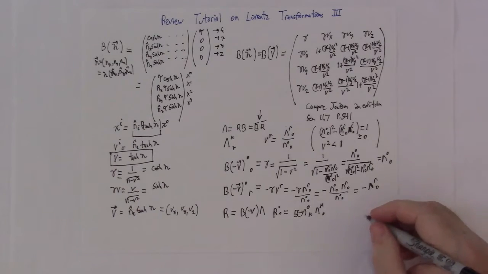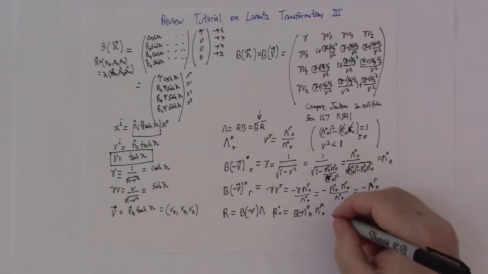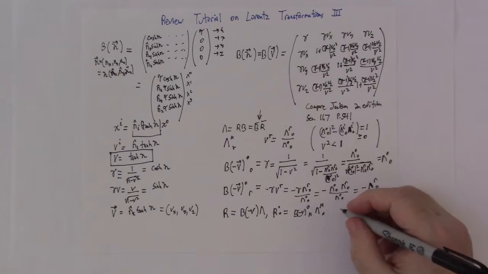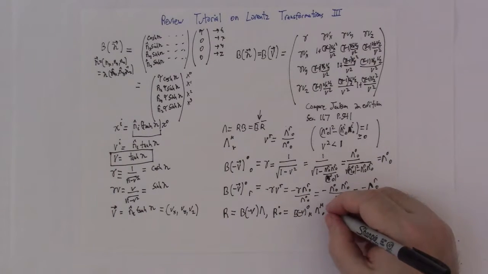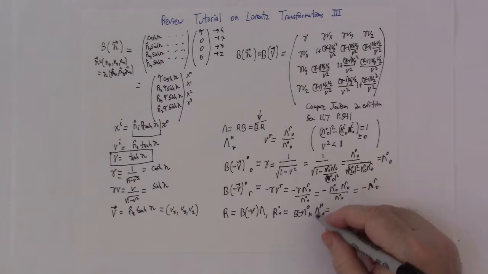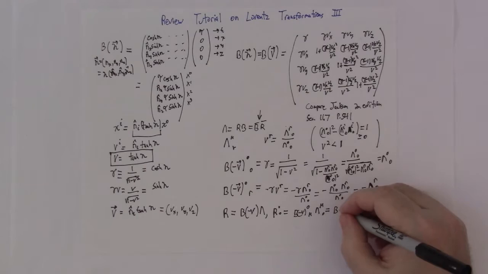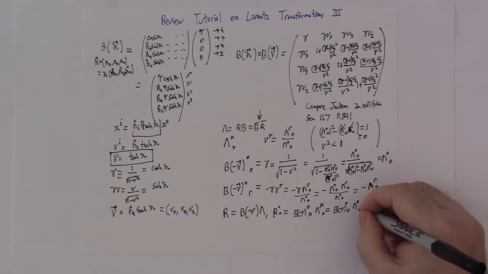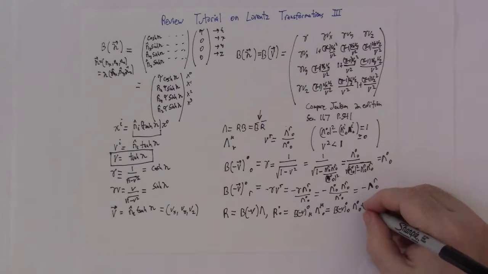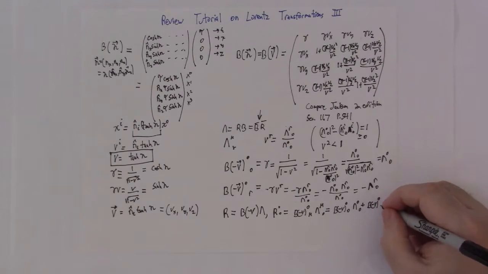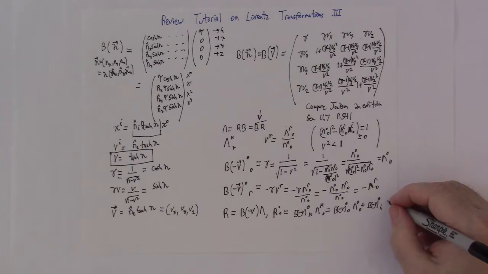And put a comma here. And so now mu goes from 0 to 3, so I'm going to get b minus v 0, 0, lambda 0, 0, plus b minus v 0 I, and we're going to sum over I, lambda I 0.